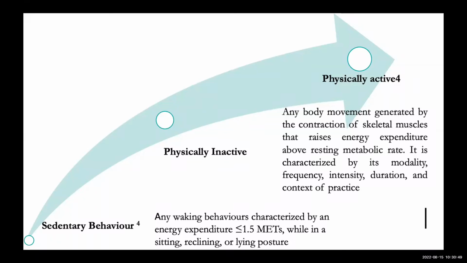Now, the American Heart Association and various heart societies refer to physically active behavior as doing more than 150 minutes of moderate activity a week or more than 75 minutes of vigorous activity in a week. That means you are physically active. So what is being physically inactive? If we do not achieve this goal of 150 minutes per week of moderate activity or 75 minutes of vigorous activity, that means we are physically inactive. So these three terms need to be understood as we proceed in our talk.